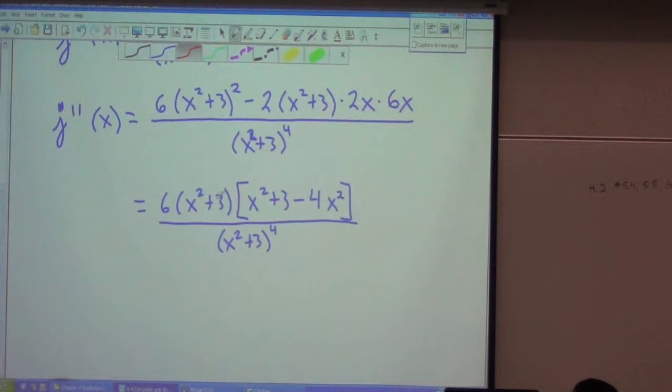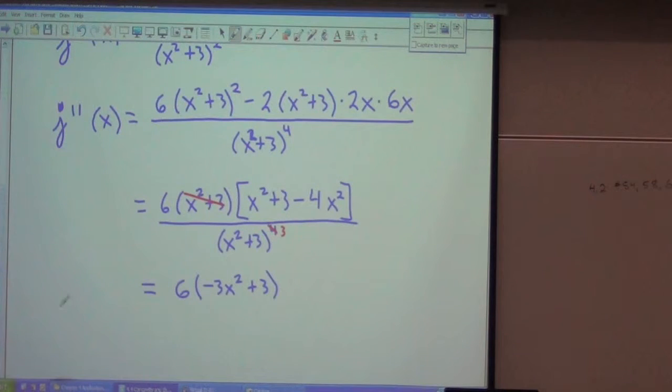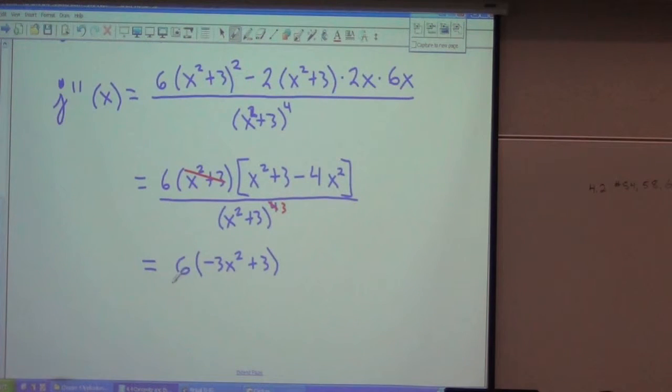Since this is multiplication, let this cancel one of these. And up here I've got this 6, the parentheses, I've got x squared minus 4x squared is negative 3x squared, and I get that 3. And it's all over x squared plus 3 cubed.